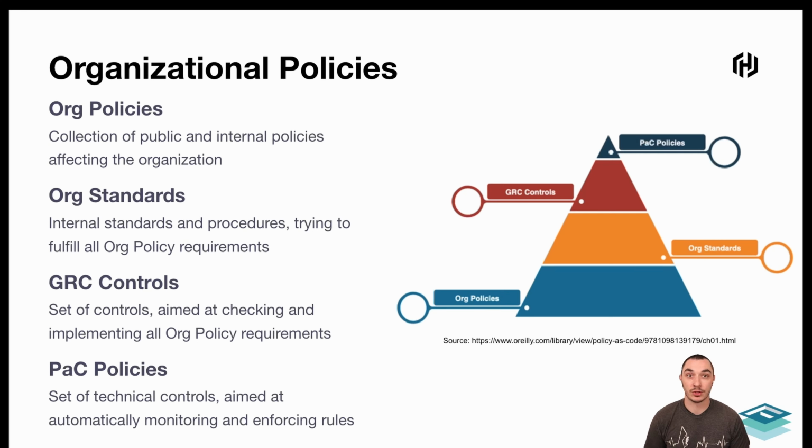For example, a GRC control could say something like, you need to make sure that each user has the least necessary privileges assigned to their user account, but least privilege is hard to validate and hard to technically check. But a GRC control could also say you need to enforce multi-factor authentication for each and every user account.